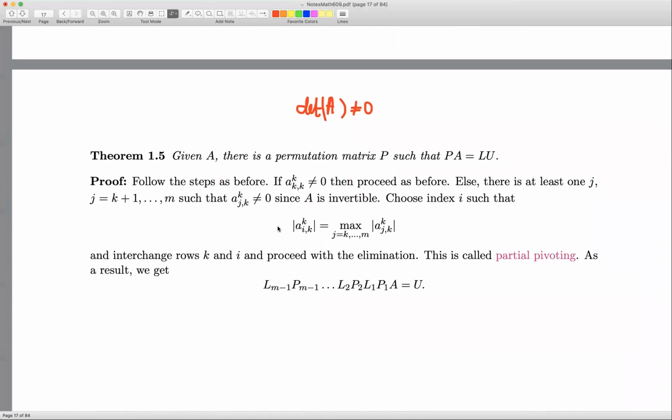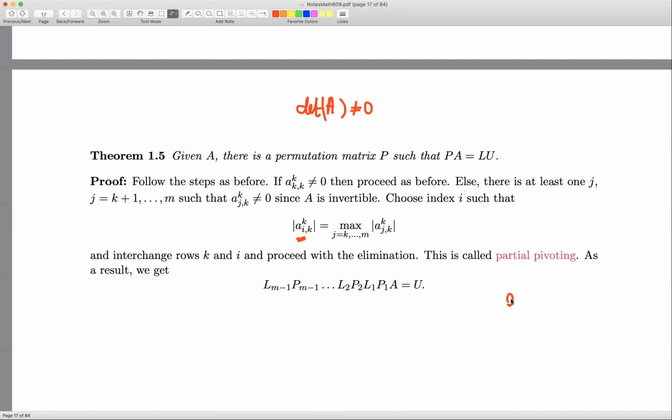It is written: if A_kk is different from 0, so if the pivot element is different from 0, we continue as before with the Gauss elimination. If it is not, there is at least one j from k plus 1 to m such that A_jk is different from 0, since A is invertible. We just discussed that. And then how do we choose from those elements the row that we want to exchange row k with?